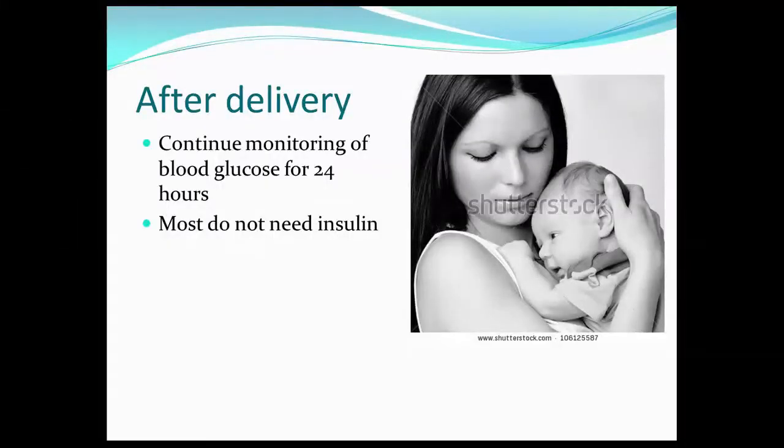Sometimes, but usually not seen with gestational diabetes, your doctor may or may not initiate you on insulin. Most of the time you don't see that though. Now after you deliver, you have about another 24 hours of those finger pricks.